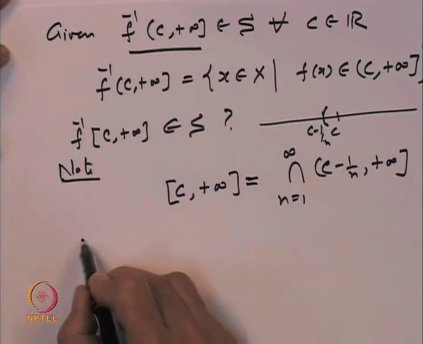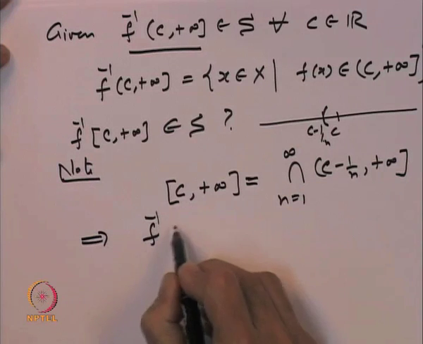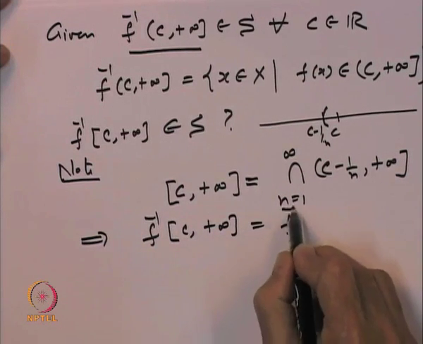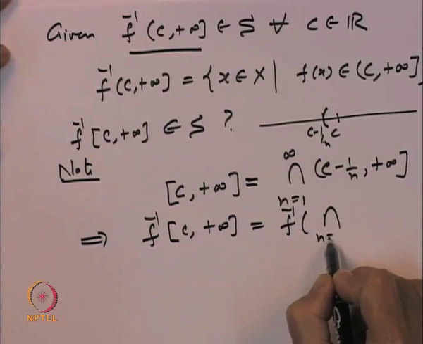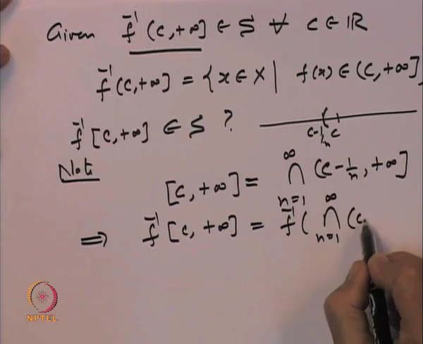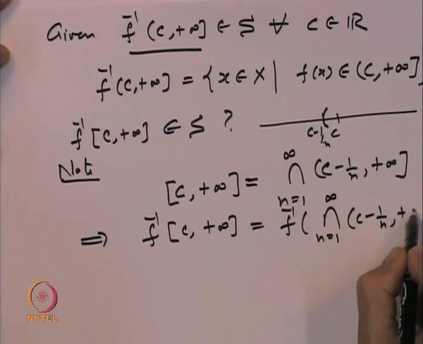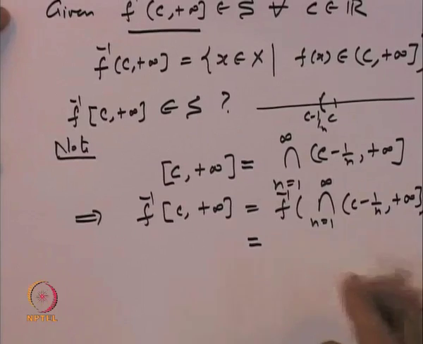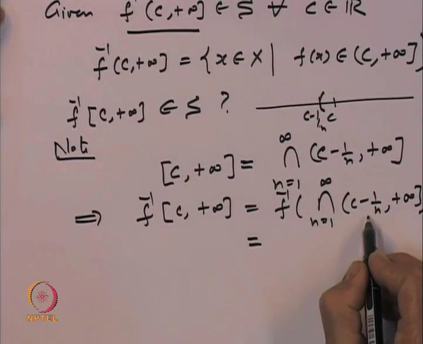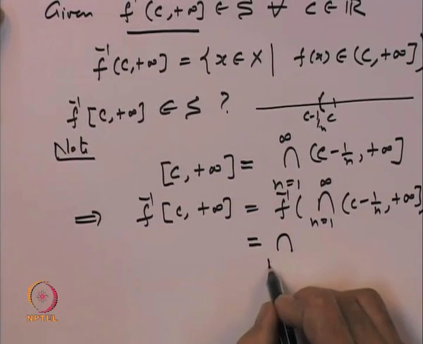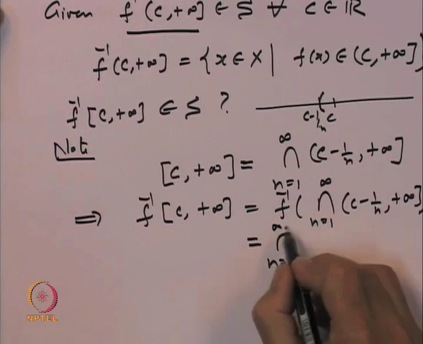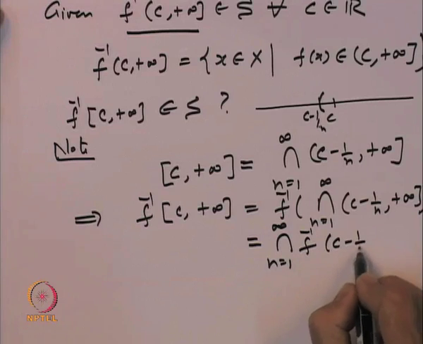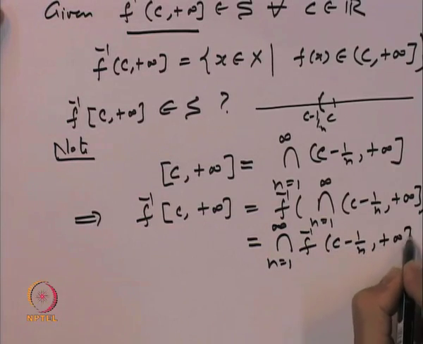And then this implies that f inverse of [c, plus infinity] is equal to f inverse of the intersection over n equal to 1 to infinity of (c - 1/n, plus infinity). And here is another simple observation, that the inverse image of an intersection is the same as the intersection of the inverse images. So, this is equal to the intersection of f inverse of (c - 1/n, plus infinity).